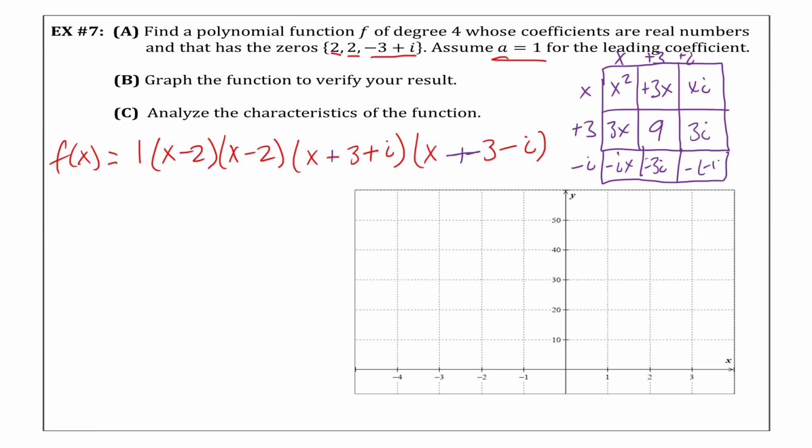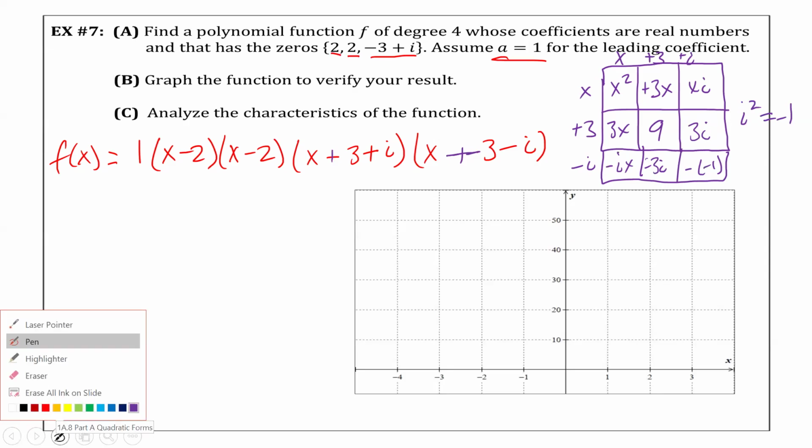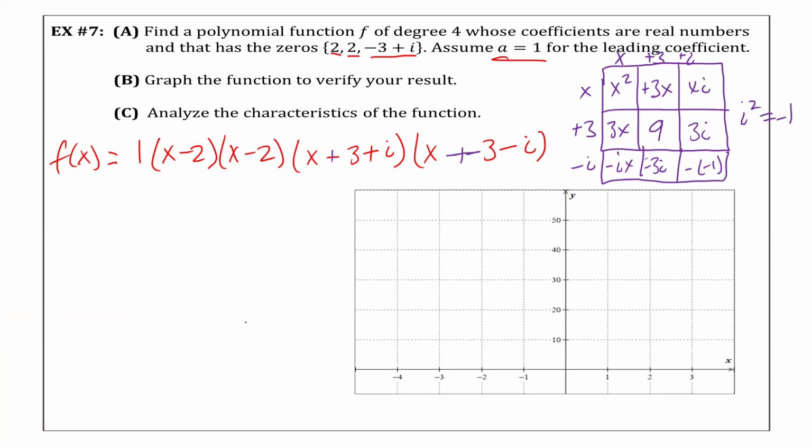So we get -1 because i squared equals -1. If you did this right, all of your i's should disappear. Okay? This i cancels out this i. Yes. This i cancels out this i. And all I'm left with is real numbers.